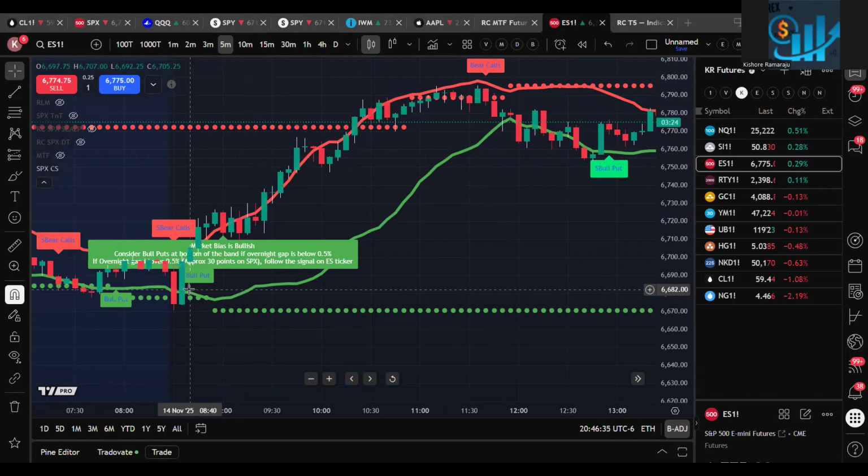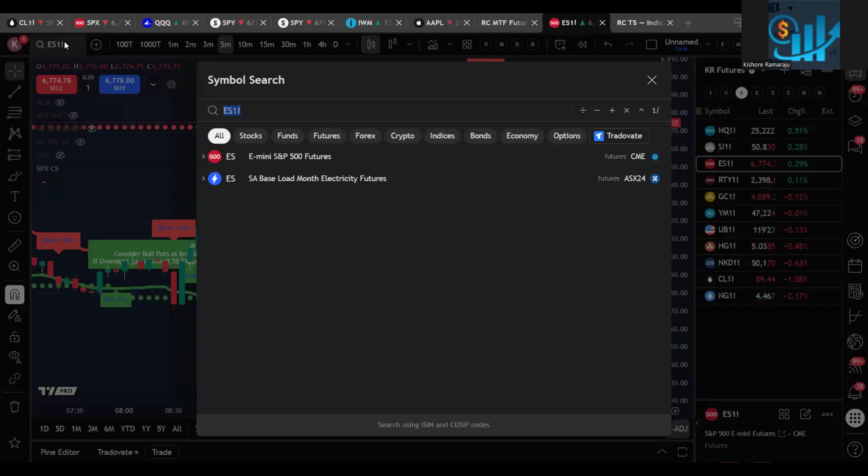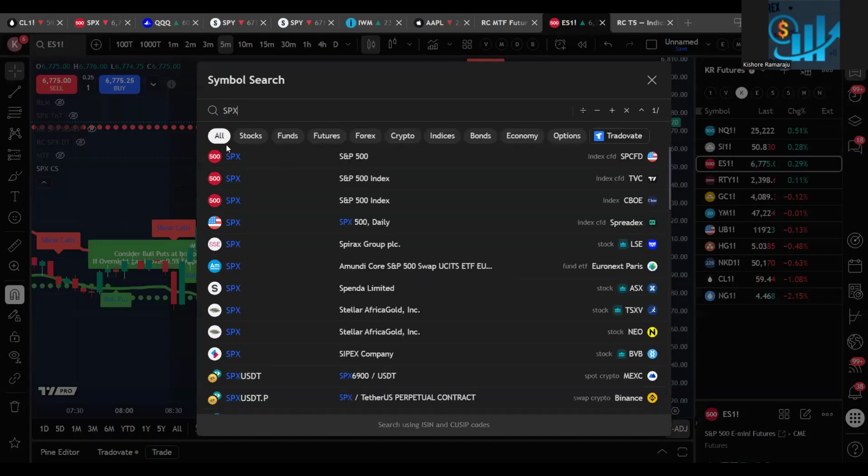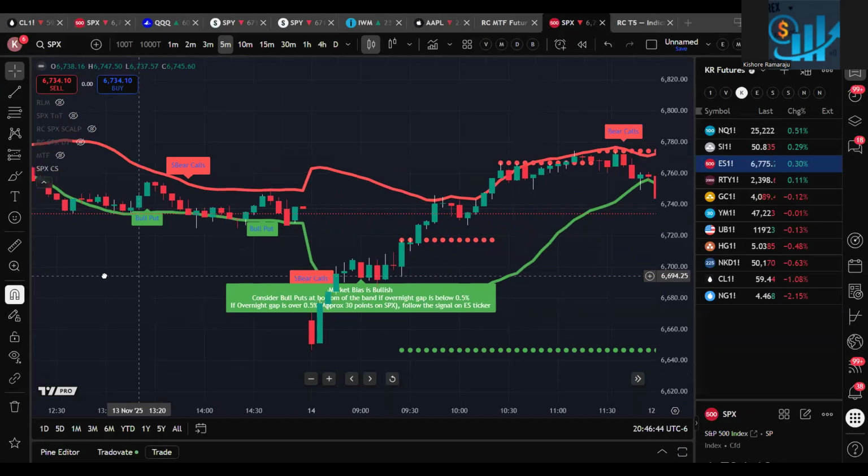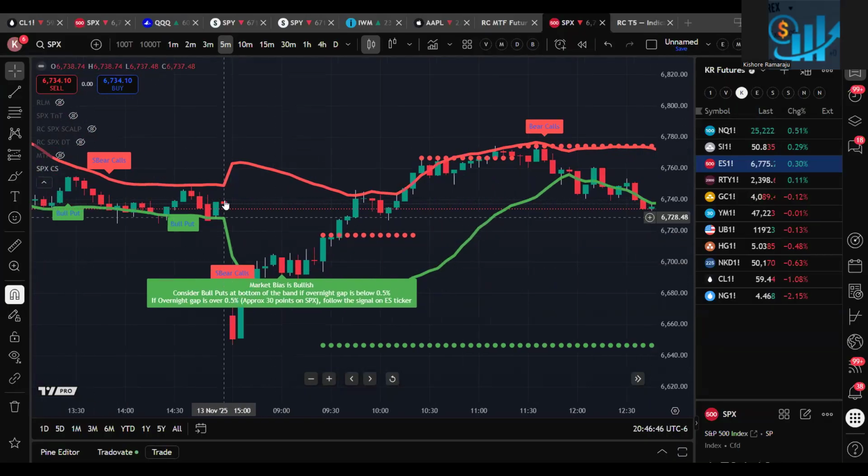Generally when the gap ups are huge, that is where this SPX credit spread is a little risky, if there is not much gap up or gap down.